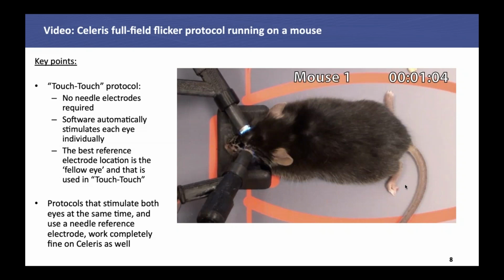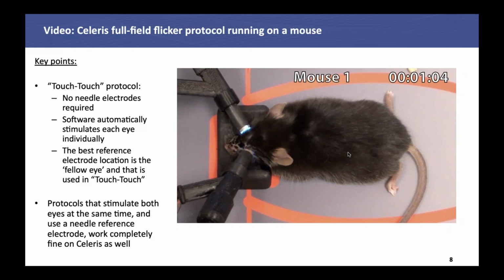What we've actually found is that the responses from a touch-touch protocol, as Jeff mentioned a little bit early on, are far less variable than responses you get if you use a third reference electrode in the forehead or elsewhere, like the cheek.